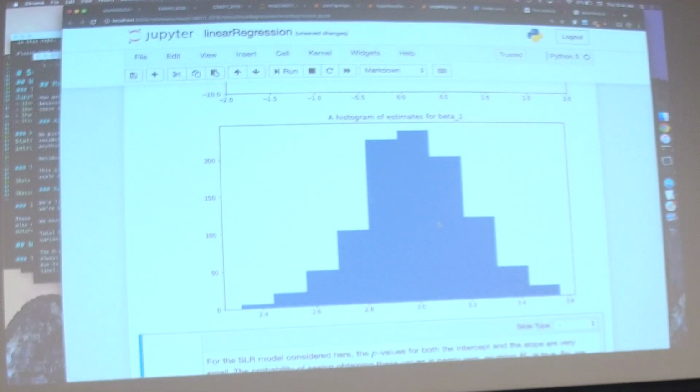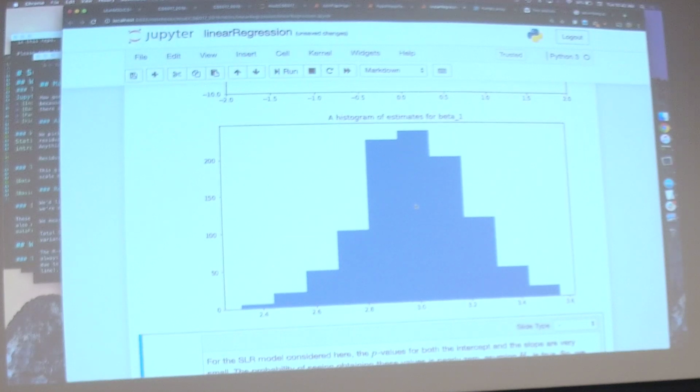So here is the histogram of the slopes. For each of the trials we got a slightly different slope. And as you can see, they're distributed around 3, which is what we expect because that's what we used to generate the data. And it looks sort of vaguely Gaussian, kind of like a normal distribution, right?